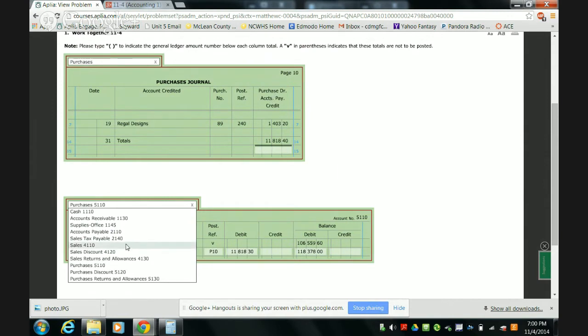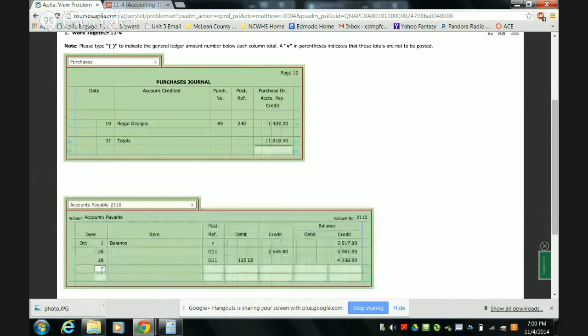So I've got to go to accounts payable. On the 31st from purchases, I've got an accounts payable credit here of $11,818.40.